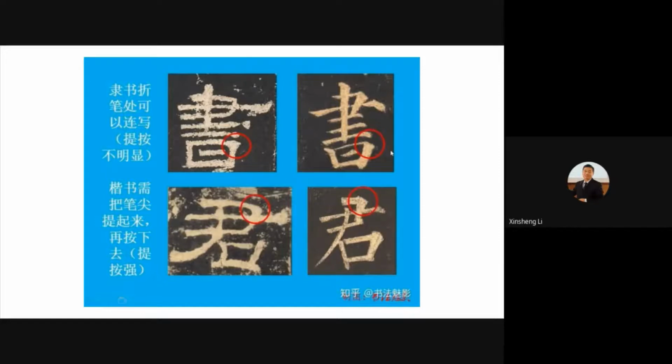And also in clerical style, pressing and lifting the brush is a big progress in brush technique. This technique makes the writing speed faster.